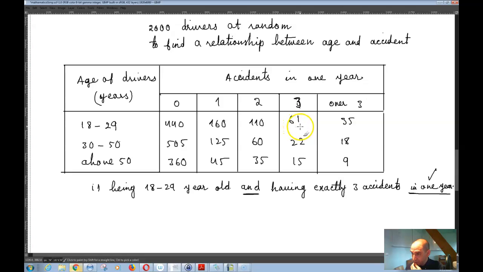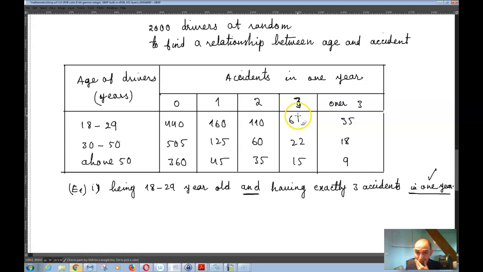And being 18 to 29 years of age, the drivers who were between 18 to 29 years old and had 3 accidents in 1 year, the number of them was basically 61. That means that this event, if I call it E1, happened 61 times.